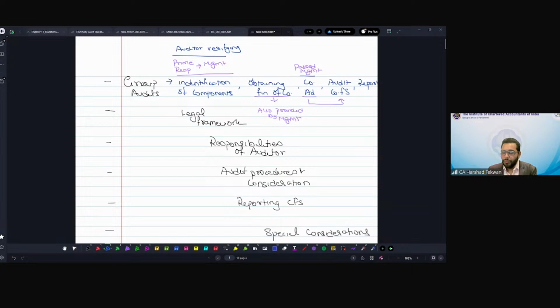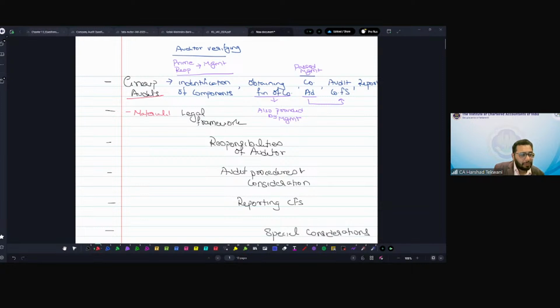Okay, no issues. When it comes to the responsibility of being the principal auditor in case of a CFS, in case of group audits, the principal auditor has to consider a few things before accepting or before starting to participate as a principal auditor. Number one, the materiality portion of the financial statements which the principal auditor is going to audit.